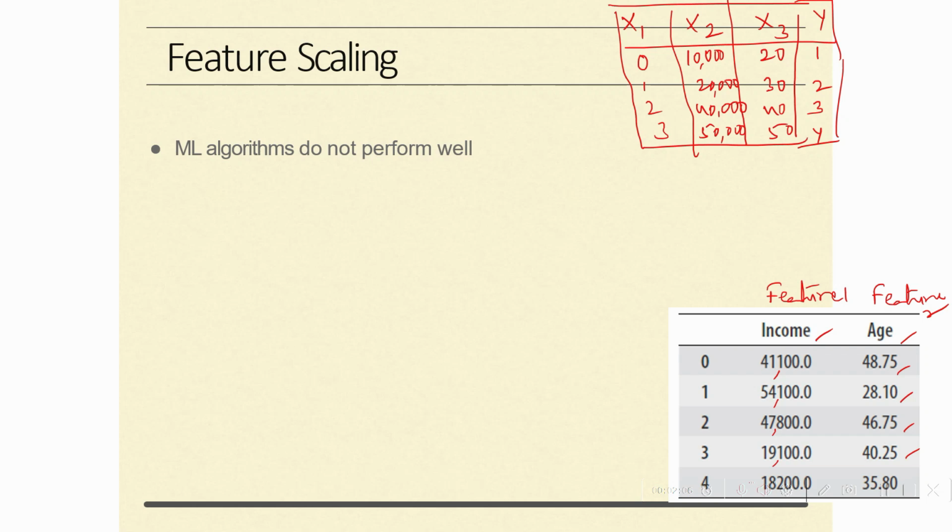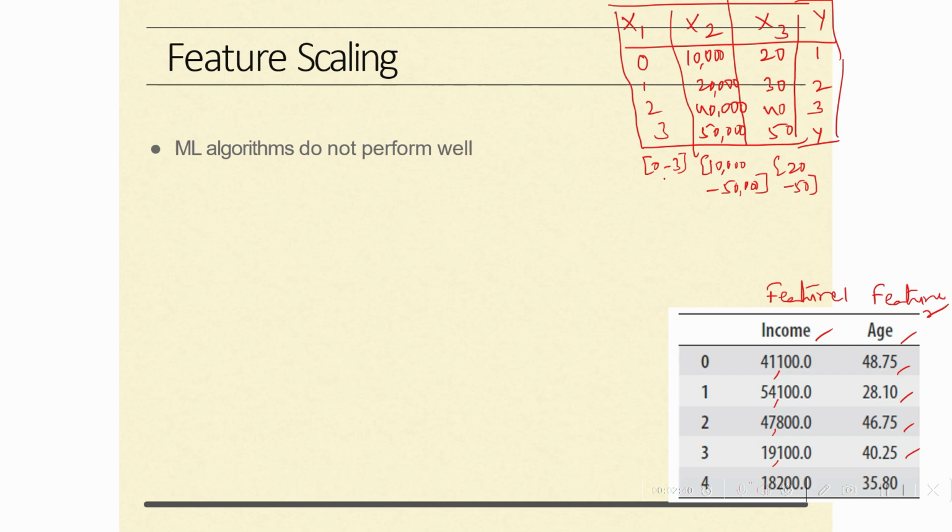In order for machine learning to work well on our data set, all the features must be in the same range of values. Then our machine learning will work very well. For example, the range of values of x1 is between 0 and 3, here the values are between 10,000 and 50,000, and here between 20 and 50.